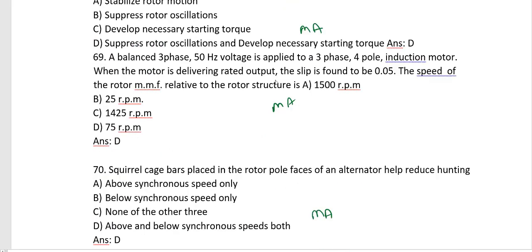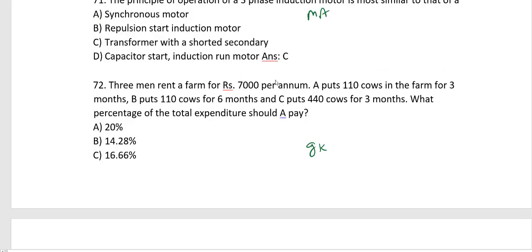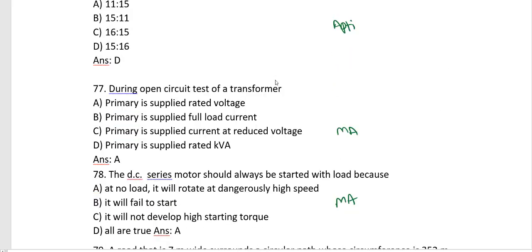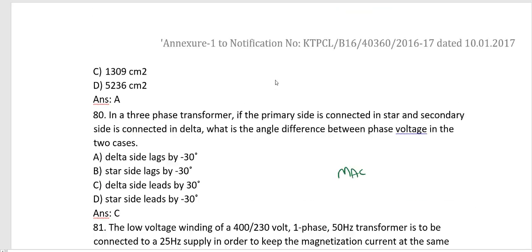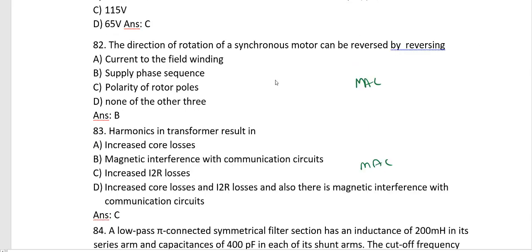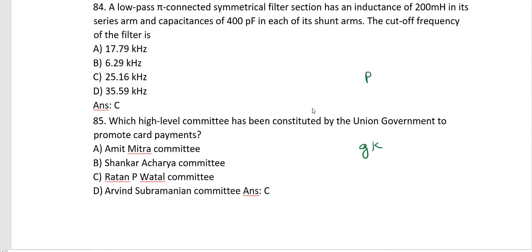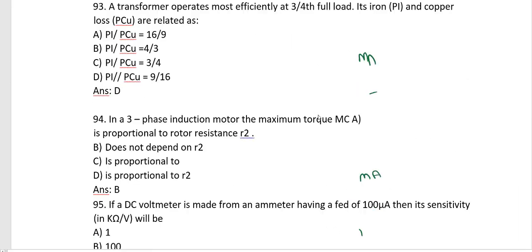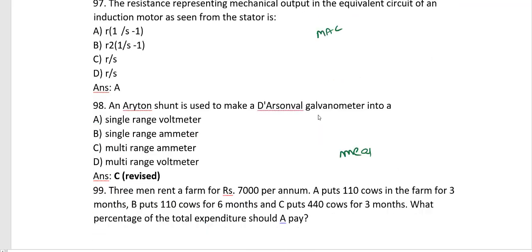In this particular paper they have asked machines, analog electronics and measurements, and basic computer knowledge questions. Coming to general knowledge, some basic computer knowledge questions and aptitude questions were quite good. So overall this question paper was considerably easy.